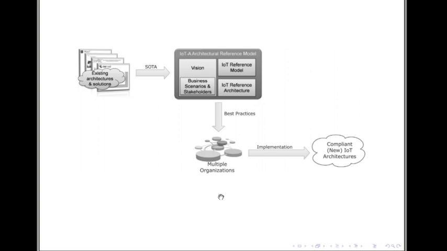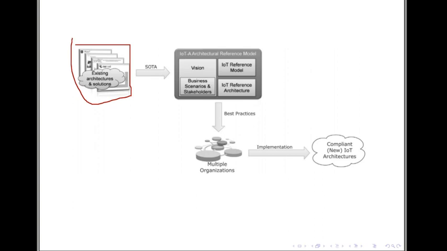So here in this diagram we can see how this reference model and reference architecture help to get a real architecture. We have many existing solutions. In the first block, you can see we have many existing architectures and solutions.